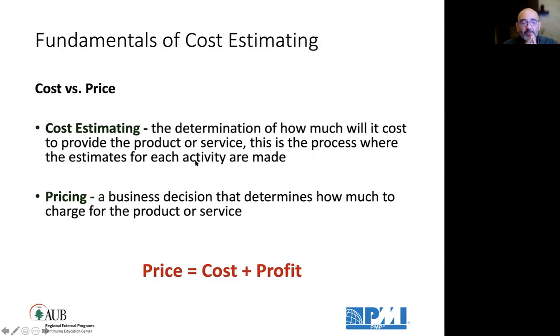When we say cost, it's the cost excluding any profit added to it. Okay, so it depends where you are. If you are selling your project to someone, cost estimating is estimating the activities and the resources before adding the profit.